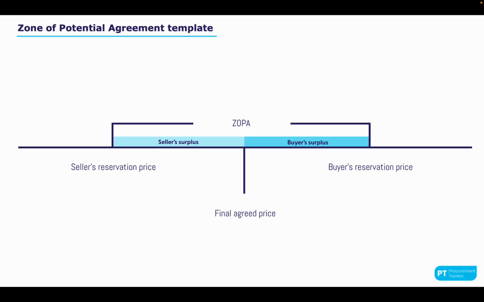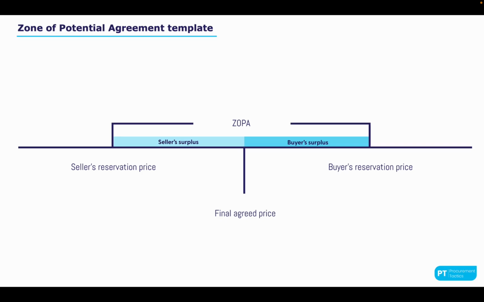The problem with Zone of Potential Agreement, ZOPA, is that both parties usually have an imprecise reservation price, or a different term for the same breakpoint price, and that negotiators make no formal attempt to assess information about the other party's reservation or breakpoint price.